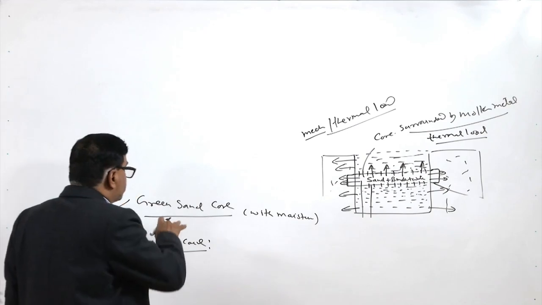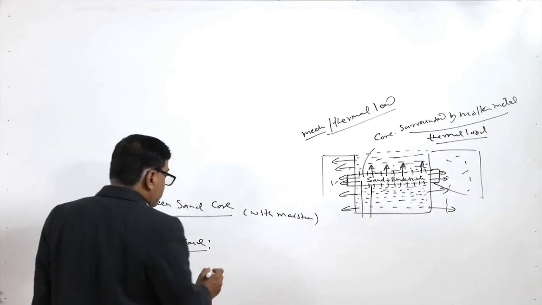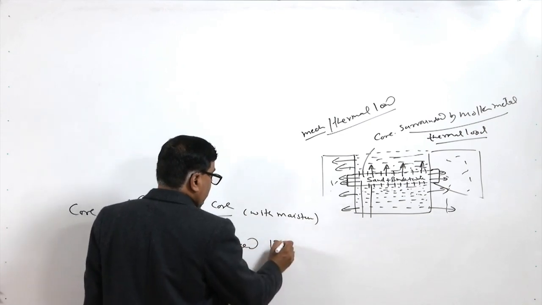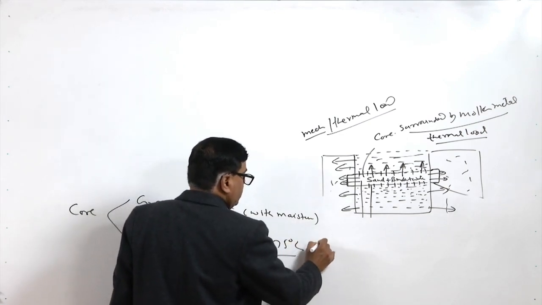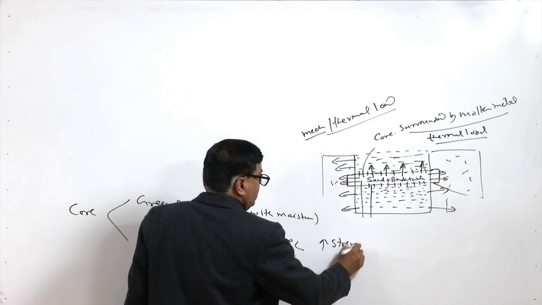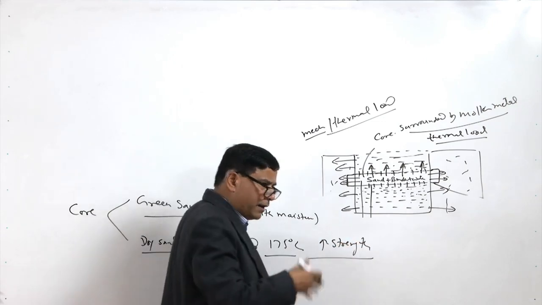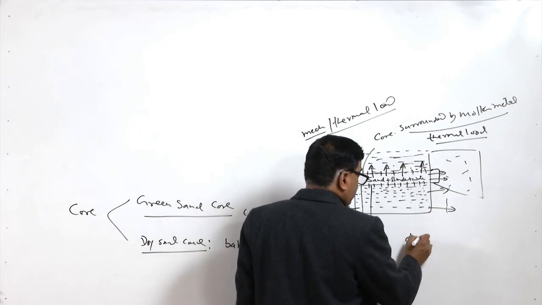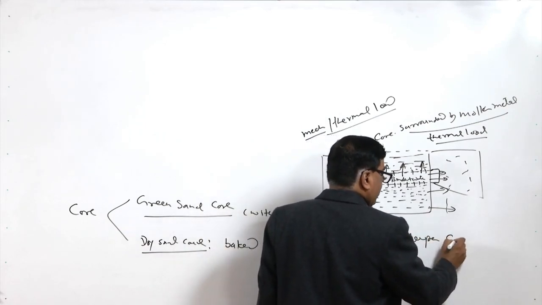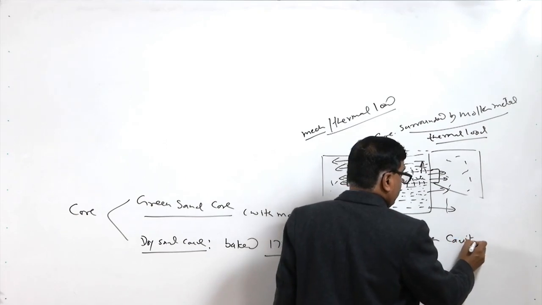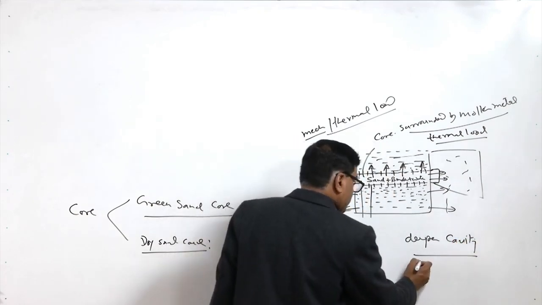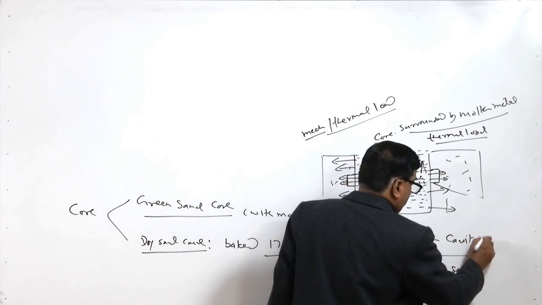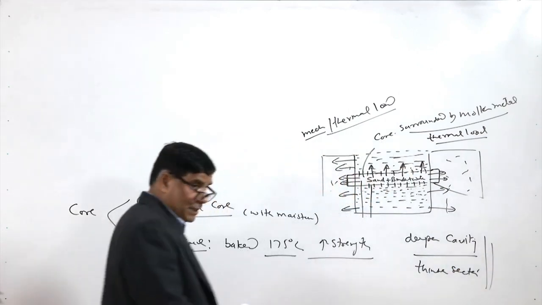So, in order to strengthen them, green sand cores are baked or heated at 175 degrees. This helps to increase the strength, and that is how it can be used for making deeper cavities as well as thinner sections or finer sections.